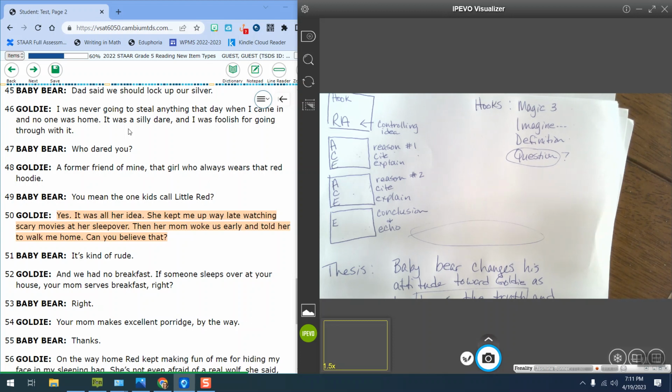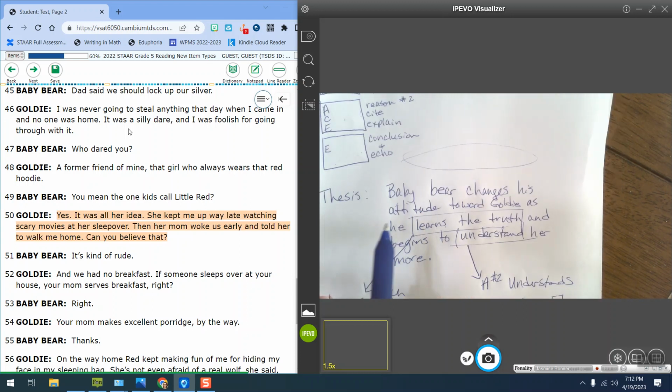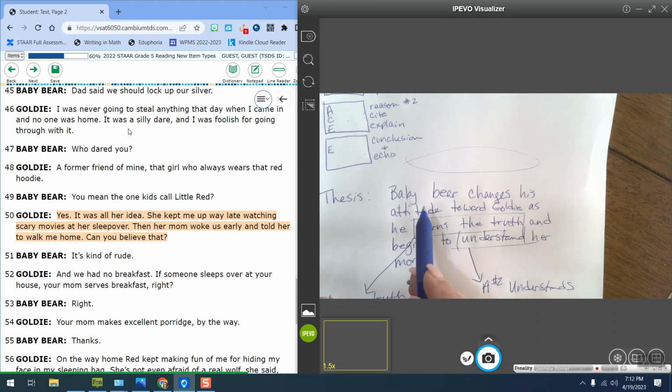You can also, if you can't come up with anything else, use a question as your hook, but please leave this as your last option because it's the least strong of the choices, all right? And if all else fails and you just cannot come up with a hook, skip it. You have to have a thesis or a controlling idea or a central idea or a main idea.